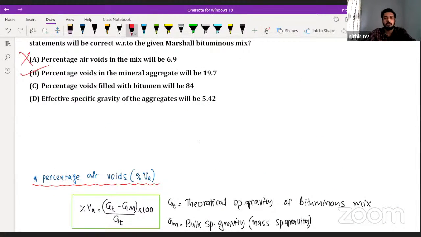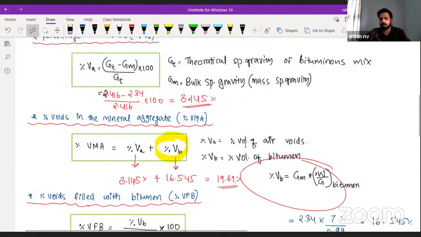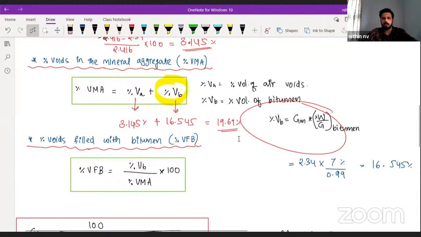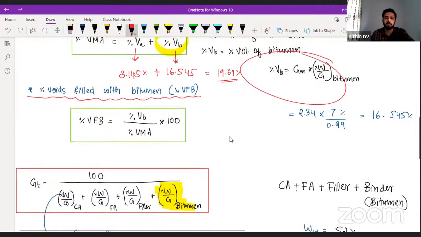Perfect. Now percentage voids filled with bitumen. See, I told you a part of this question can be a 2 mark question. We are doing the lengthiest question so that you will be confident in whatever concept they ask. Now it is very easy. What is percentage VB? The second part, 16.545 percentage. What is VMA? The total value.